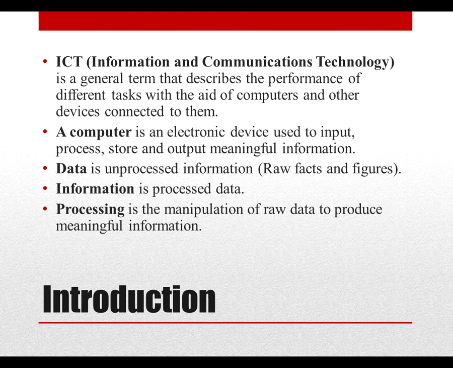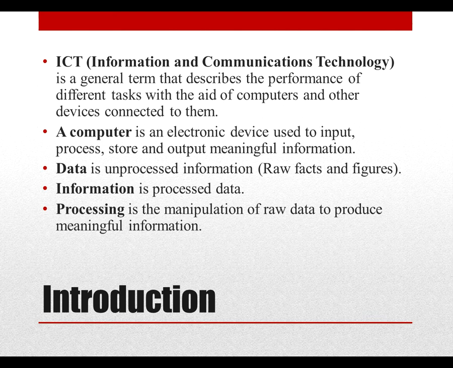Also, we have data. Data simply refers to unprocessed information. It is content that is not revealed to you, in short. So they are simply raw facts and figures about an entity. Also, we have information.